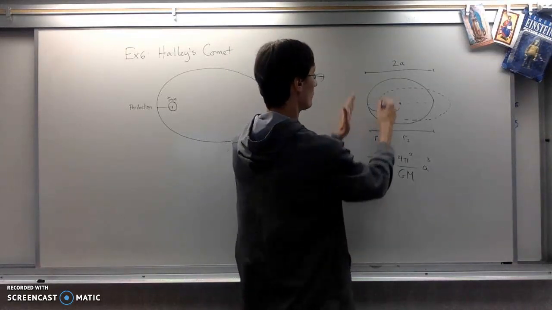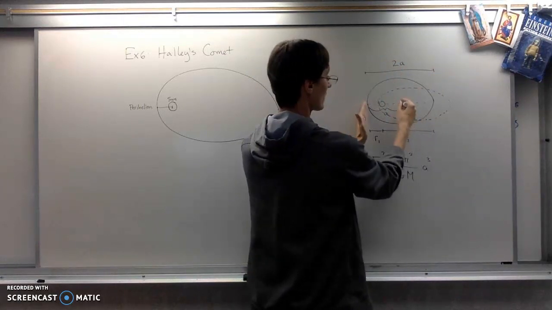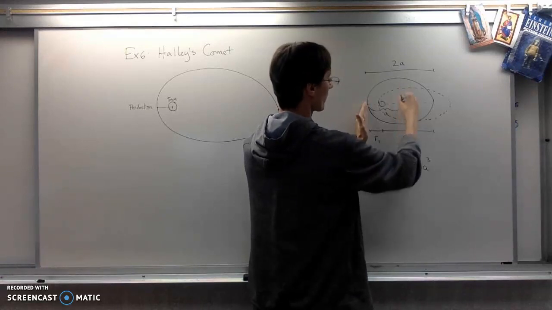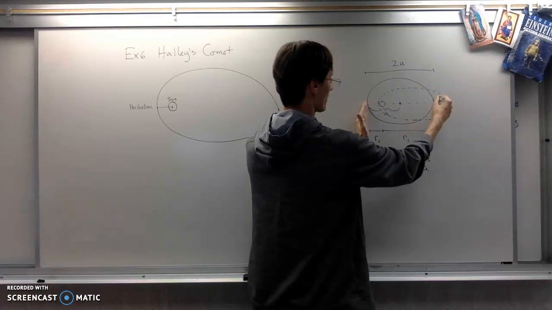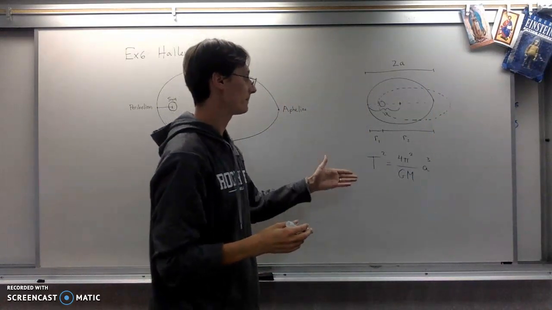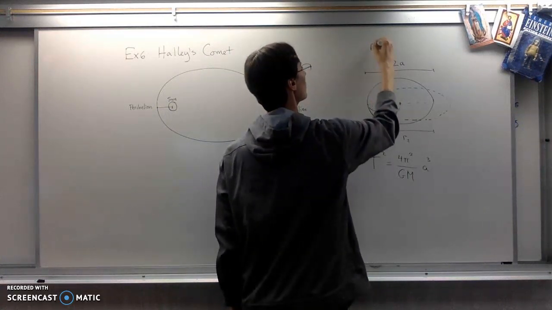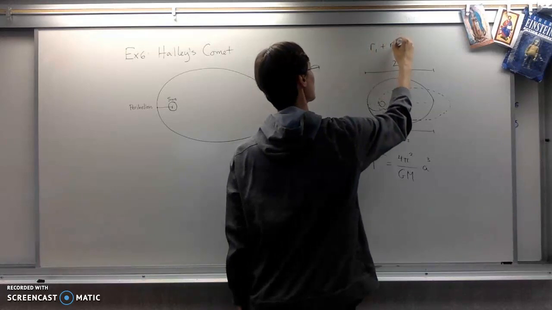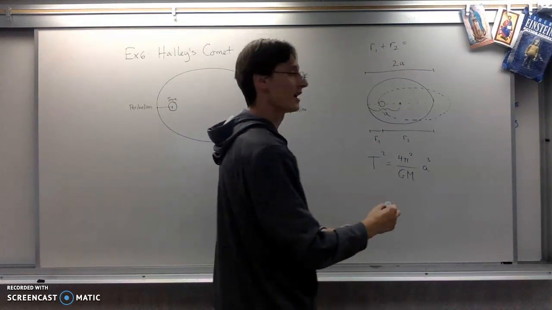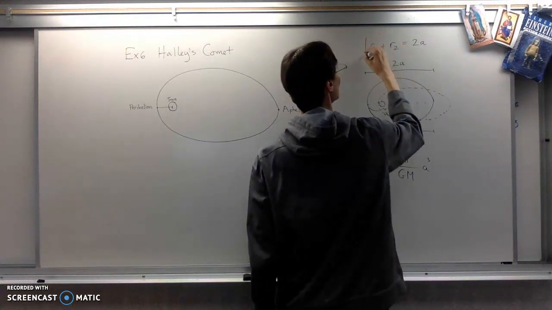All right, so putting this together with what I wrote up here, the semi-major axis is halfway across, and that is A. The whole way across would be 2A. That means that if I take the perihelion distance plus the aphelion distance, that's the whole way across the ellipse, and so that must equal 2A.